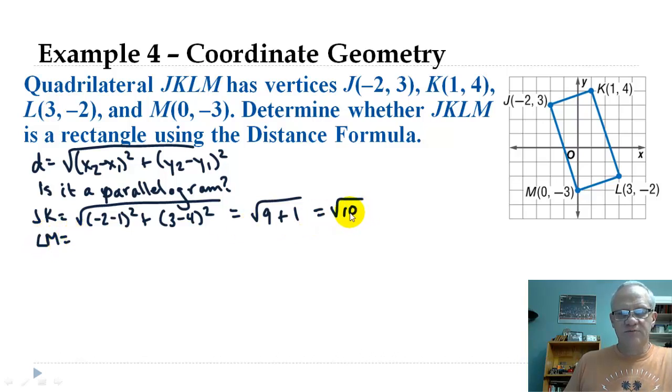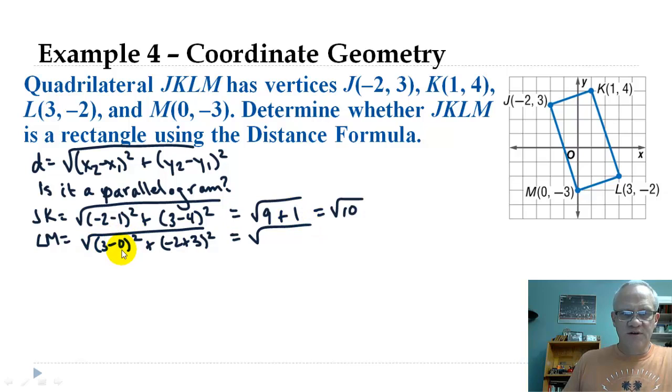That's easiest to do. LM then, so we just did JK up here. Now we're going to do LM. I'm going to go 3 minus 0 squared, and then -2 minus a negative, or plus 3. -2 plus 3.